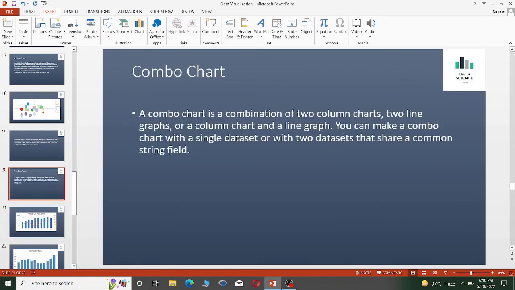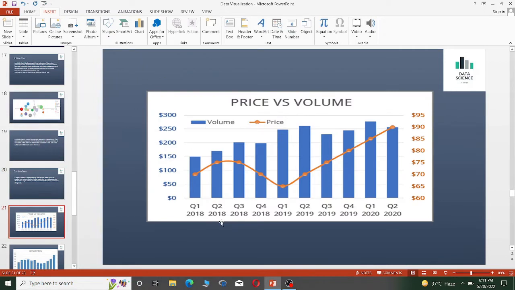Then if there are two datasets, they should share a common string field. Can you guess what the common string field is here? Yes, it is quarter and year. Quarter and year are the common string field.